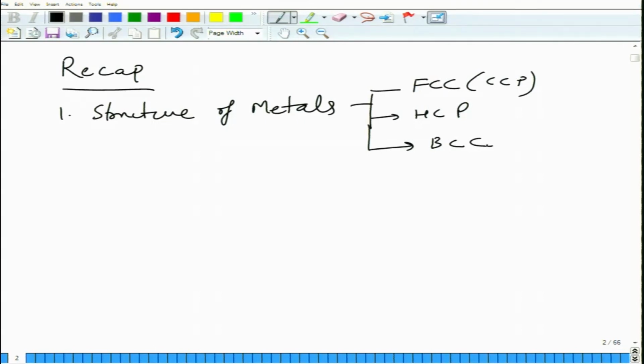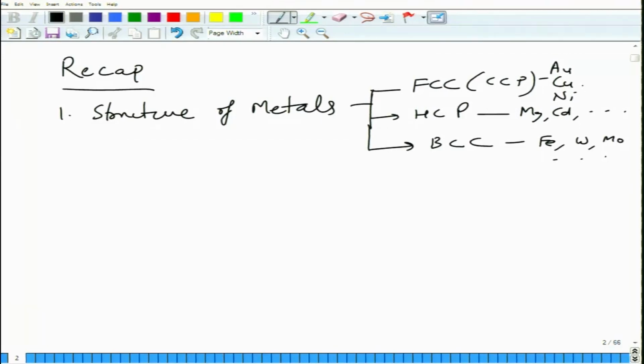There is only one example of simple cubic metal, which is polonium, but by and large most of the metals and alloys fall in this category. Now, FCC based structured materials were typically things like gold, copper, nickel. HCP based materials are magnesium, cadmium, etc., and then BCC based materials are, for example, titanium, tungsten, molybdenum. All of these are BCC structured materials.